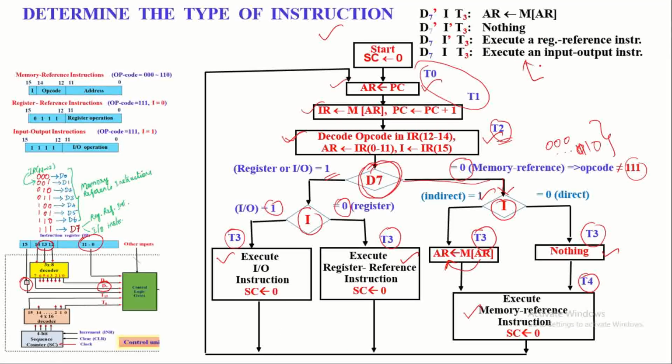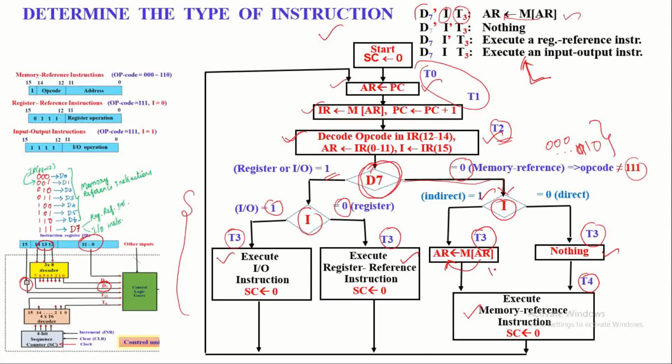Here, the micro operations we discussed in order to determine the type of the instruction are illustrated. When D7 is equal to 0 and I is 1 during timing signal T3, what is the micro operation to be done? The effective address of the operand needs to be read from the memory and loaded into the address register. To achieve this, what signals need to be active?